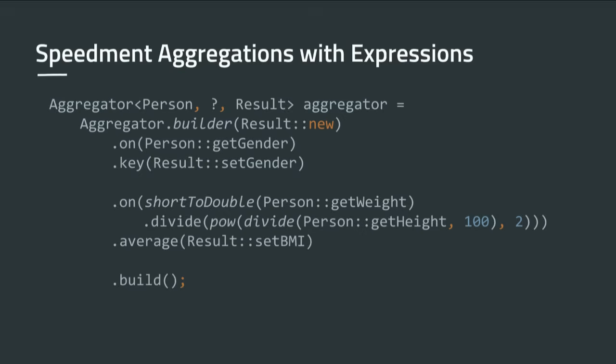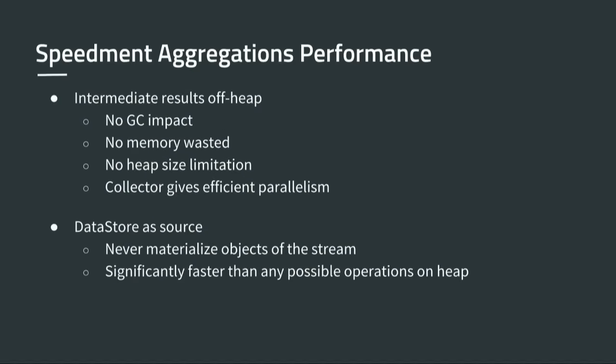And the idea here is that the aggregator that is being built here will be able to do all these things off-heap and not create anything of the intermediate results on the heap. And the performance of this will be superior because of the GC impact being much less, no matter which kind of garbage collect you have, of course.